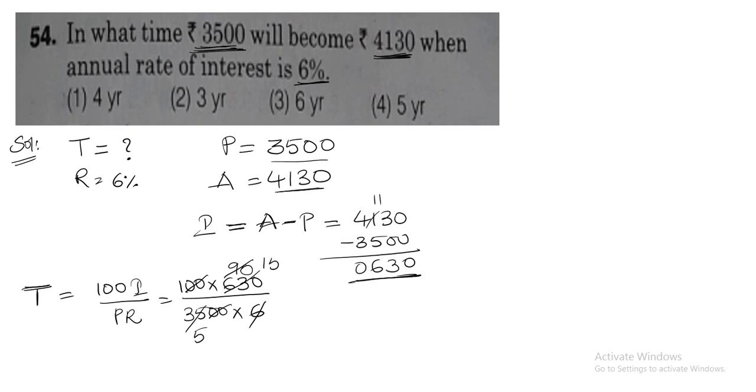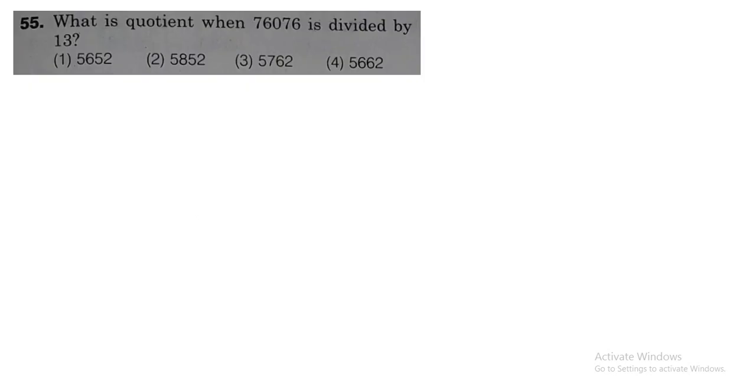Next, 30, 5 times. Again in the 5 table, this 15 goes 3 times. So finally, what is the answer? It is nothing but 3 years. Hence the answer is 3 years. So while doing simplifications and calculations, please be careful. Okay, so the answer is 3 years, right?